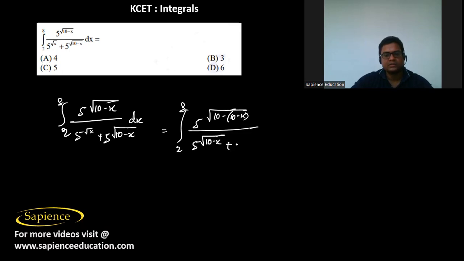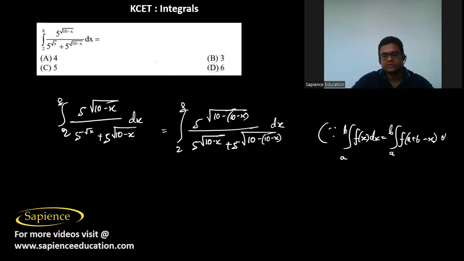So here we can write this as integral 2 to 8 5 power root over 10 minus (10 minus x) by 5 power root over 10 minus x plus 5 power root x dx. Since we know that integral a to b f of x dx can also be written as integral a to b f of a plus b minus x dx.